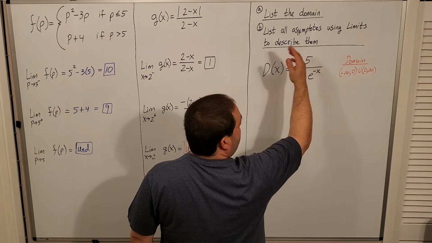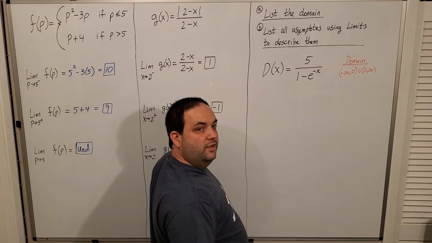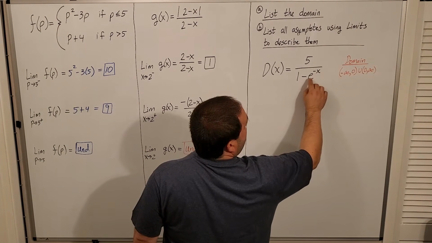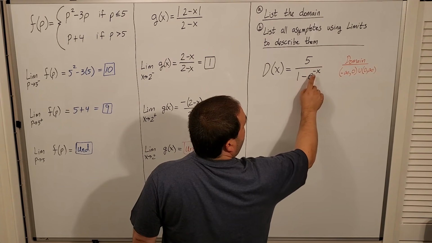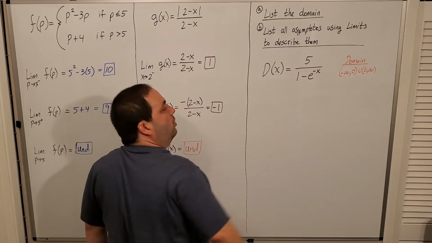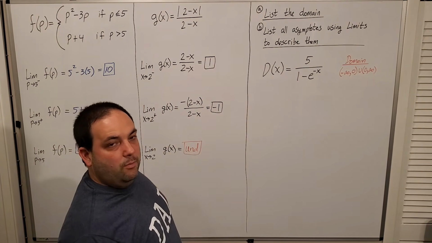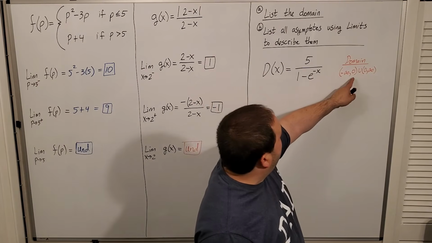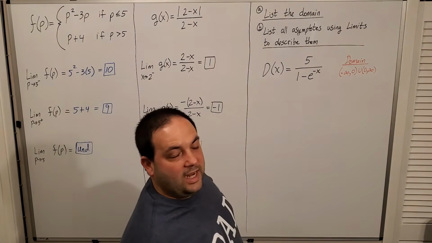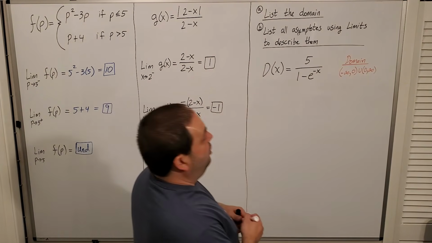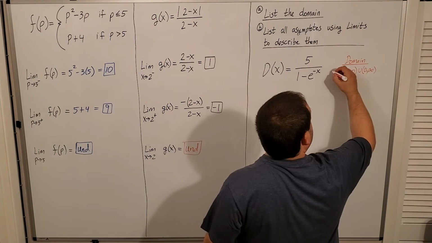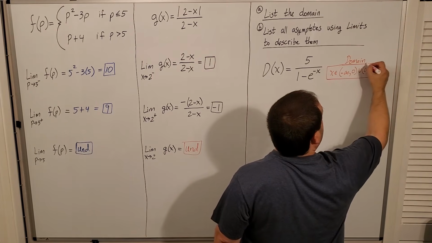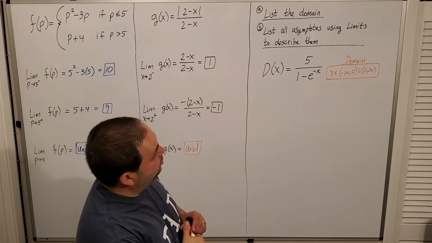Subtraction always works. Division always works, except division by 0. Notice if I plug in 0, e to the 0 is 1, 1 minus 1 is 0, and that would cause a division by 0. But any other number is not going to do that. So x equals 0 is the only point that I need to leave out of the domain. So for the domain, I can say that x is an element of these two disjoint intervals.